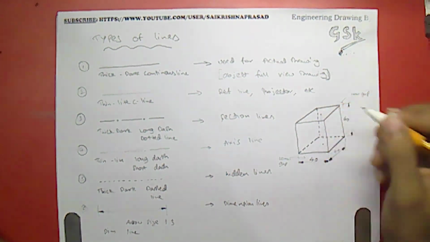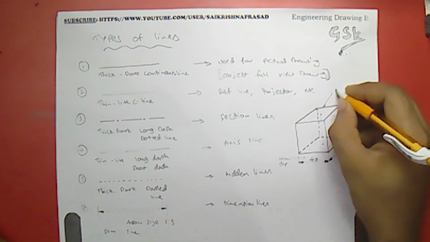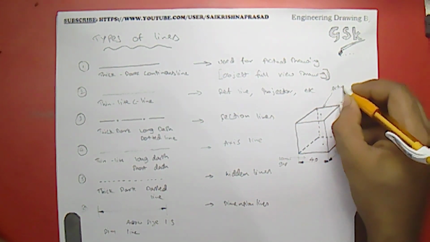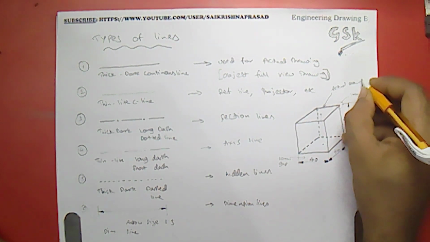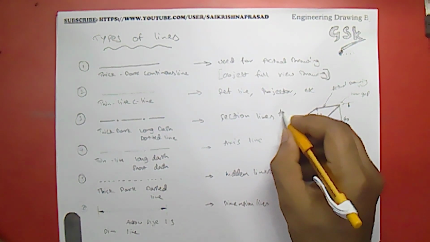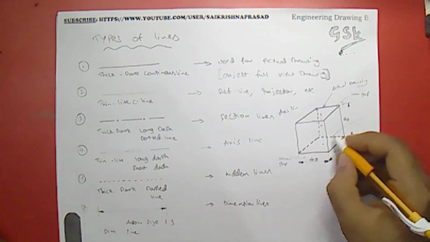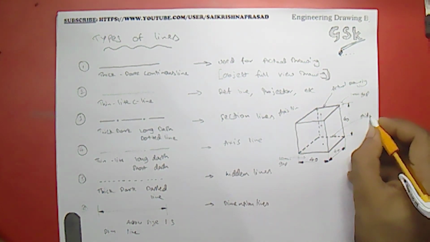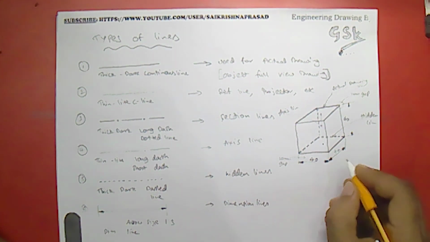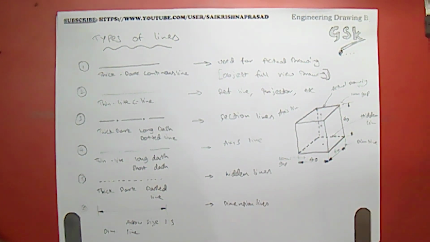Okay, I'm representing this. This is the actual drawing lines. This is the axis line. These are hidden lines. These are dimension lines.